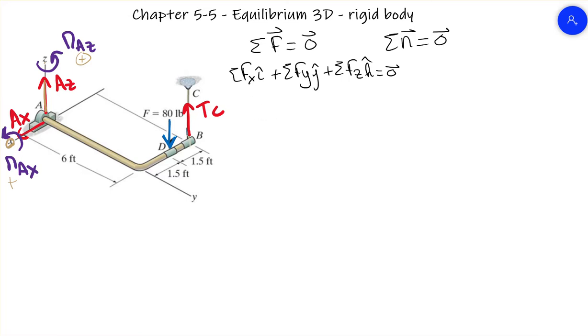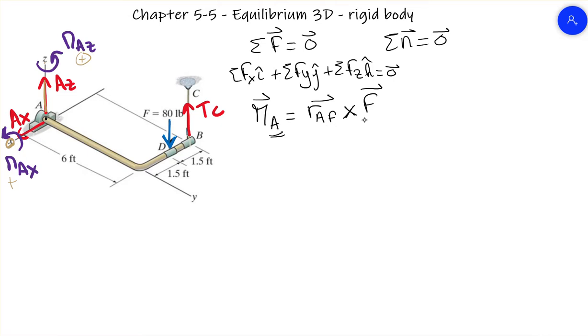But how do we find the moment in 3D? The moment about the point, so we will use the point A. About the point A, it's equal to what? It's equal to R from A to the force, cross product of the force. Okay, so the method I will show you, what you need to do is to determine which point you will apply the equation of moment.